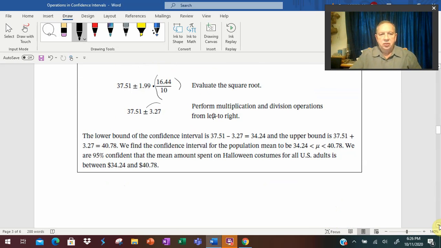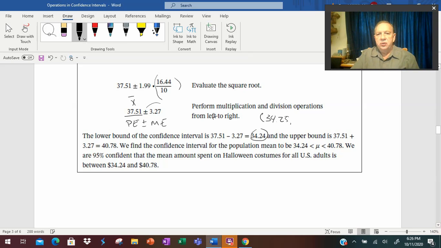So here is my point estimate plus or minus my margin of error, and this is my X bar that I use for that, and then that is my margin of error calculation, all of that. So my lower bound, I take 37.51, I subtract 3.27, I get 34.24.